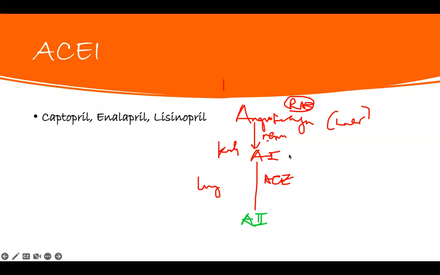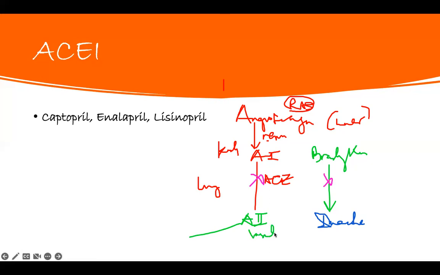This enzyme also converts bradykinin into an inactive form. So guess what? ACE inhibitor is stubborn. He said, well, I'm blocking you. Before that, angiotensin 2 is a vasoconstrictor.